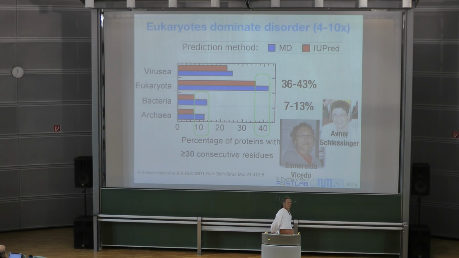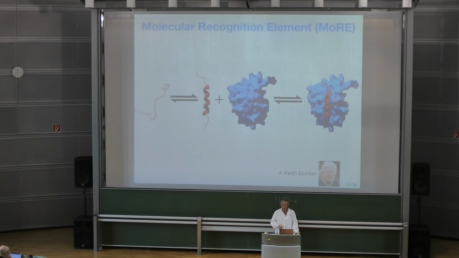In fact, if we go further, multicellular eukaryotic organisms, with more than one cell, have more disorder than unicellular ones, with only one cell. We know that mammals have more than non-mammals. And we know that humans have more. So somehow this fits our feeling that we are on the top of some pyramid, and disorder relates to complexity.